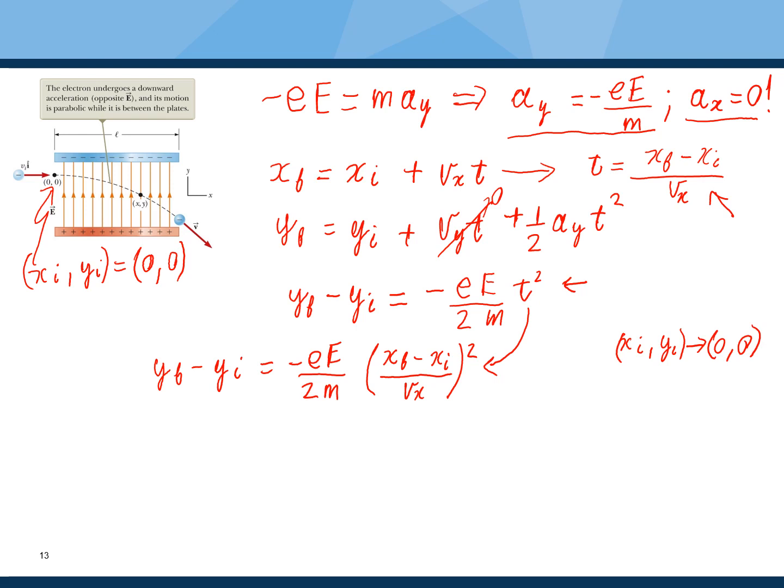In other words, we choose our origin to be the starting point of the electron's motion, and therefore we obtain yf is equal to minus e times big E divided by 2m times vx squared in the denominator, times xf squared. So we see that we have the equation for a parabola exactly as we anticipated before. So we have a parabola going down, and that's what we have here.